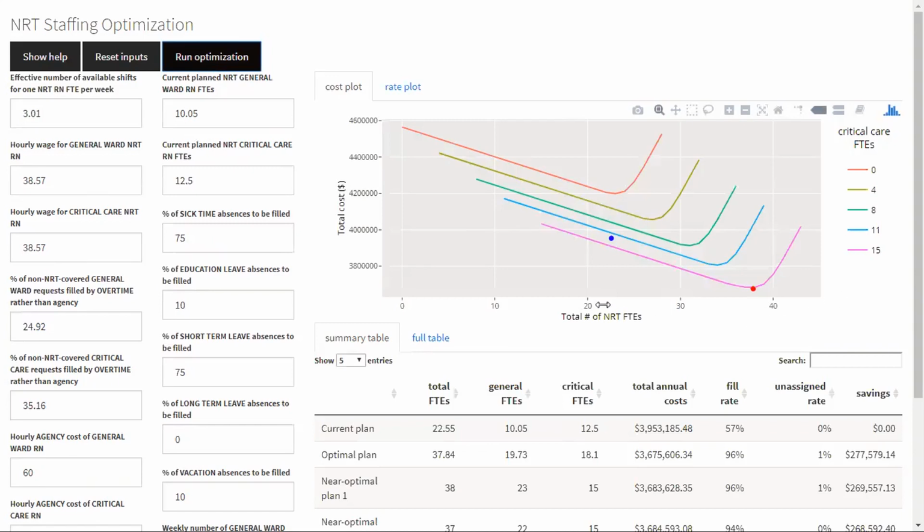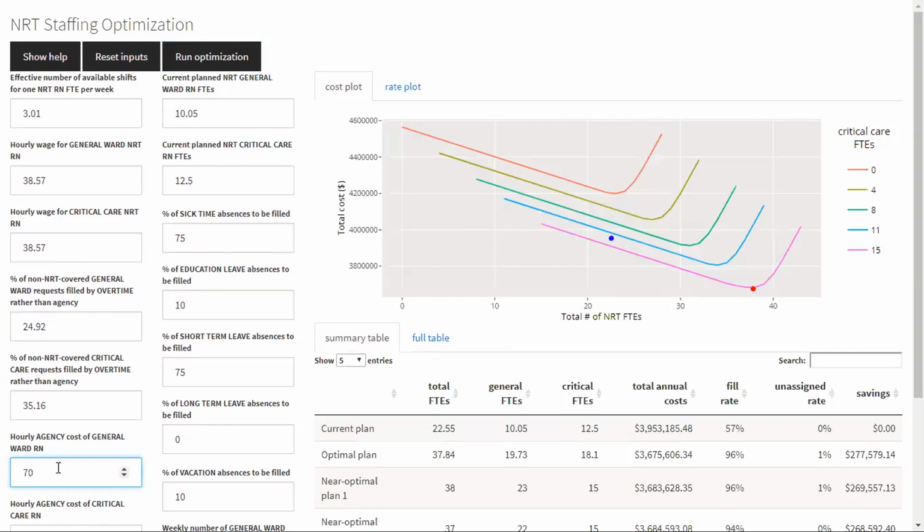What we can now do is see how the solution would change with different values of the input parameters. For example, this input parameter here on the lower left is the hourly agency cost for a general nurse. It's currently set to 60, which is the rate that St. Mike's does currently pay for agency nurses at the general skill level.